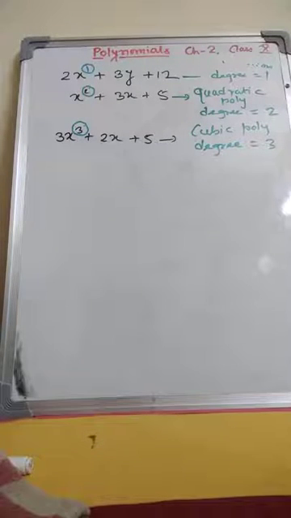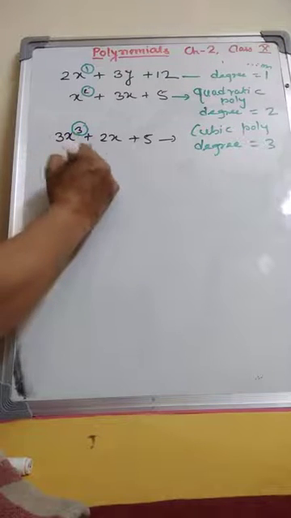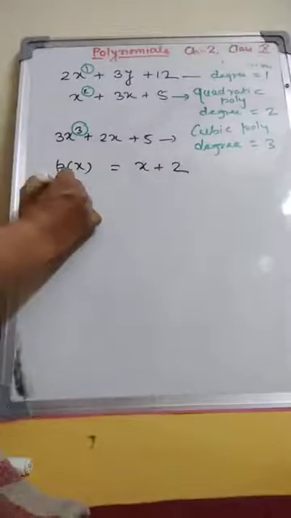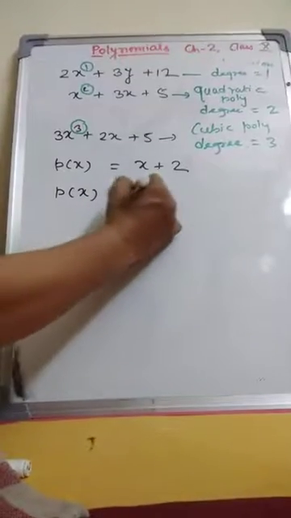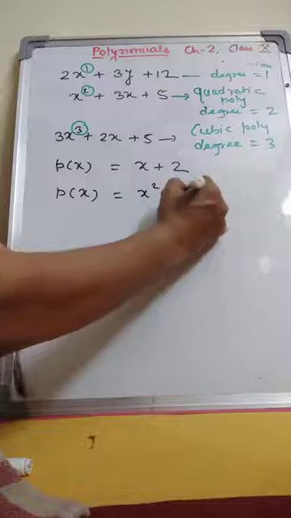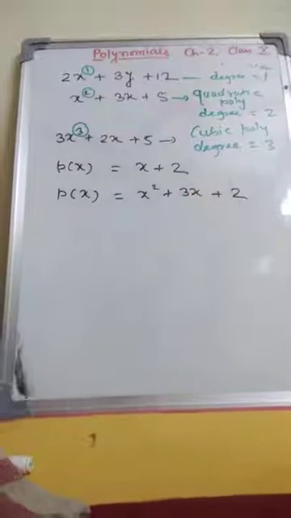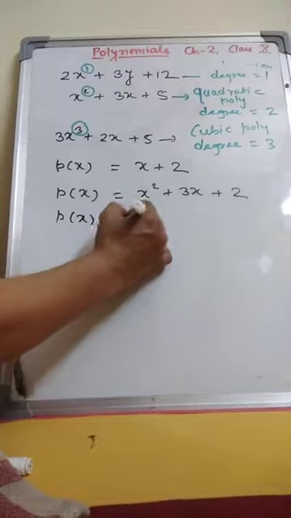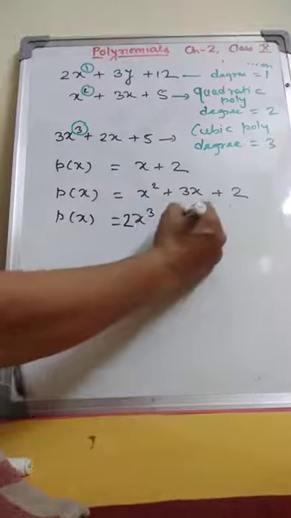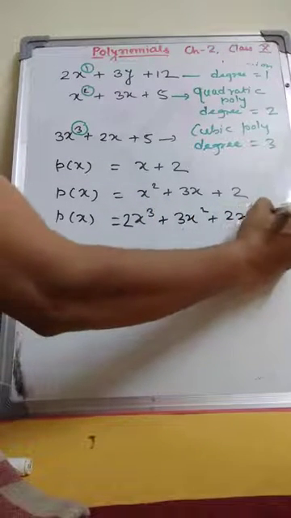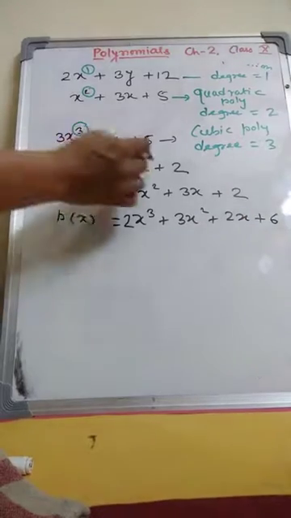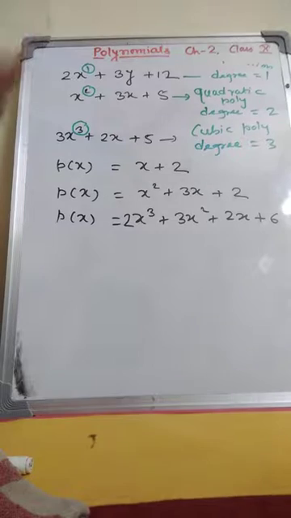Now a polynomial is written in the form of p(x). p(x) is equal to x plus 2. p(x) is equal to x square plus 3x plus 2. p(x) is equal to 2x cube plus 3x square plus 2x plus 6. Now this is linear, this is quadratic, this is cubic.